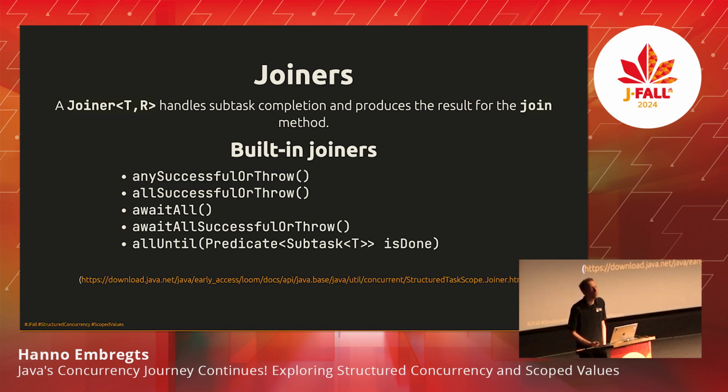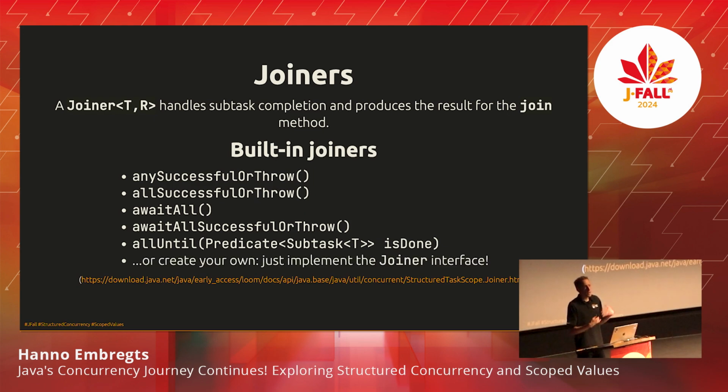So a lot of new options to play around with and use with your concurrency issues. Or hopefully you don't have them, right? And like before, you could create your own structured task scope strategy. In this case, you can create your own joiner starting from Java 24 and build the behavior that you want there.